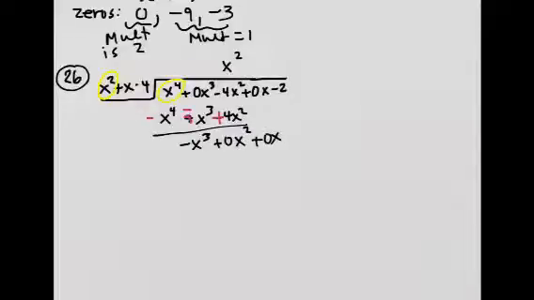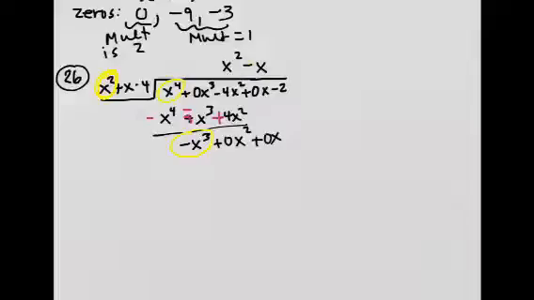Okay, so now I'm looking at leading terms, right? So x squared times what gives you negative x cubed? And the answer for that would be negative x. Oops, change it to black.